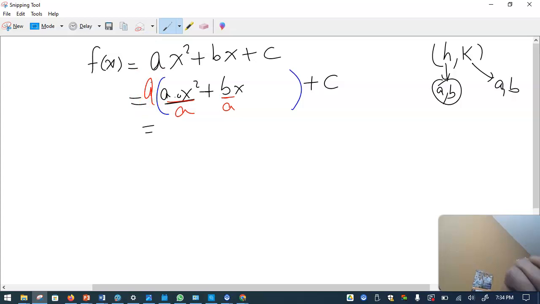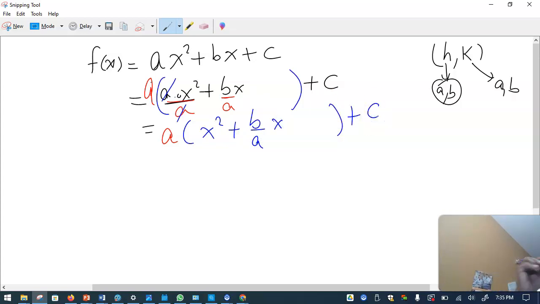Okay, so we can cross this out. The blue one crosses out. See? So all that stays is the a which is outside. So it becomes x squared plus b over a, and then x, and I'm keeping that room for me.